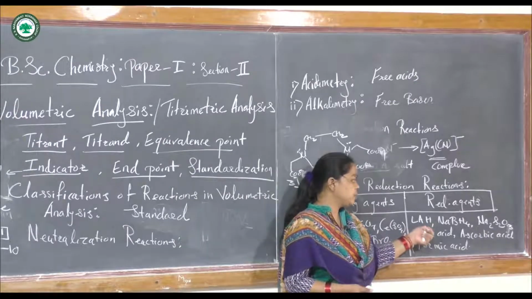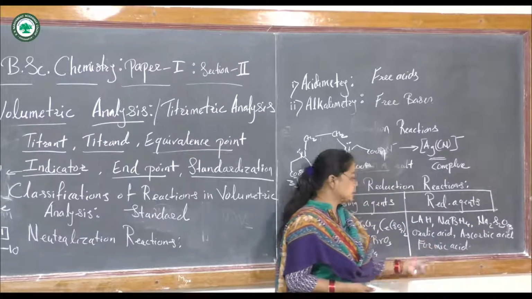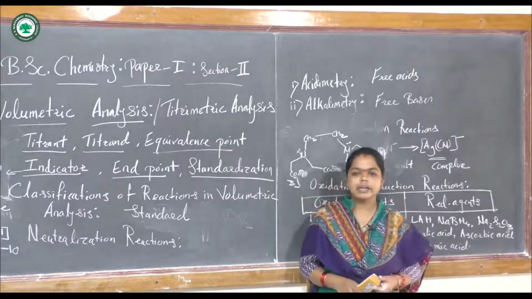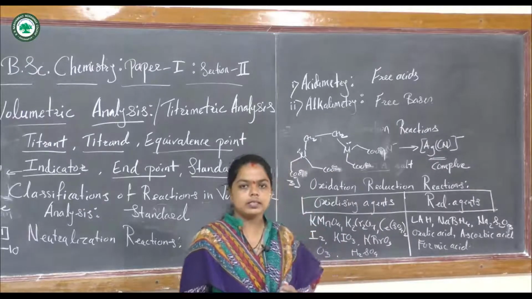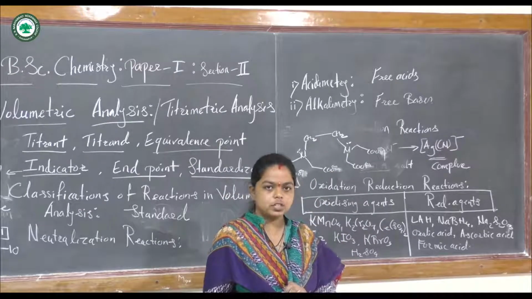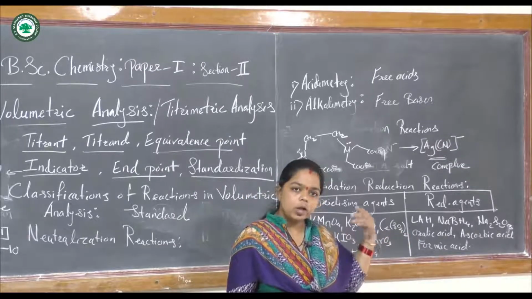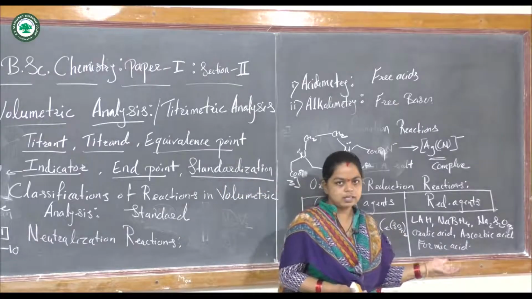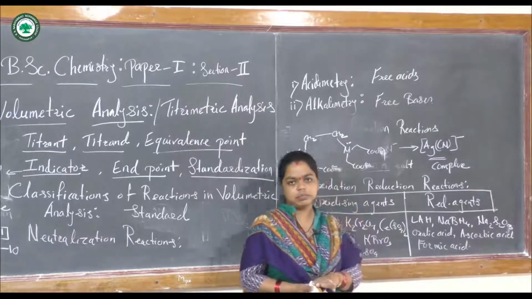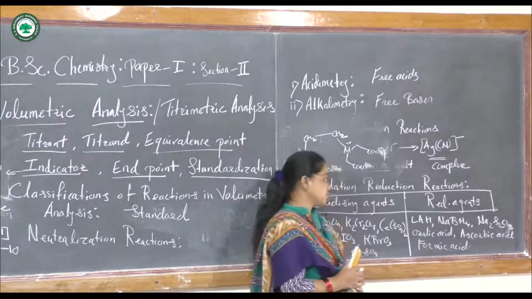Now lithium aluminum hydride, sodium borohydride, sodium thiosulfate, oxalic acid, ascorbic acid, formic acid are examples of reducing agents, because these are electron rich species; they force another compound to reduce, and they themselves undergo the oxidation process.